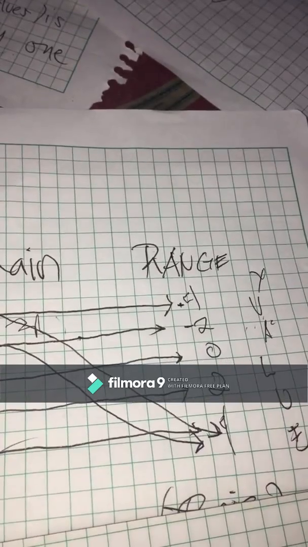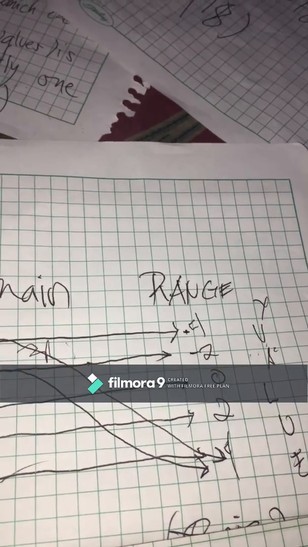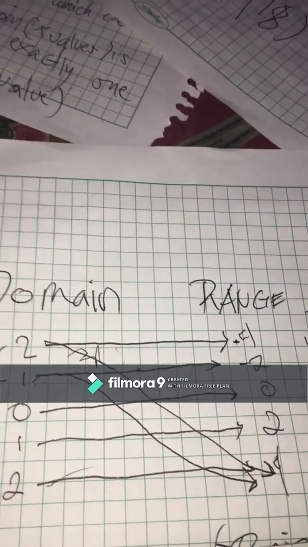So it isn't necessary that the 2 has two values, because it only has exactly one value. And this -2 here is paired with +4, because it only has exactly one value.